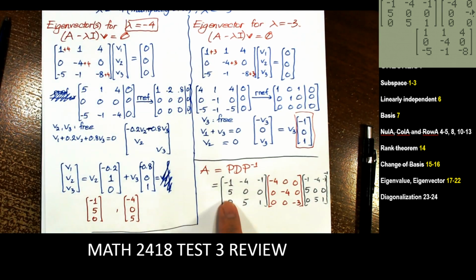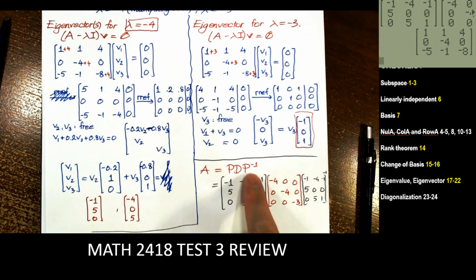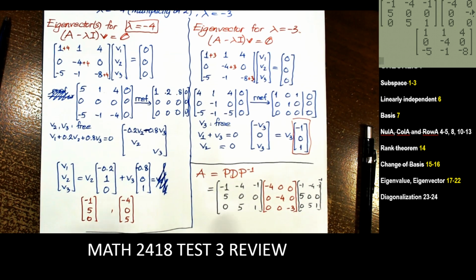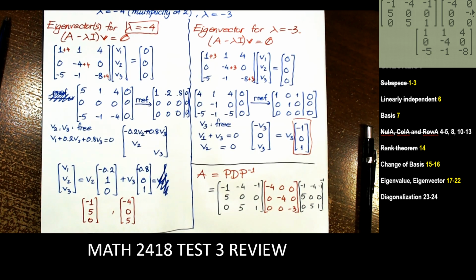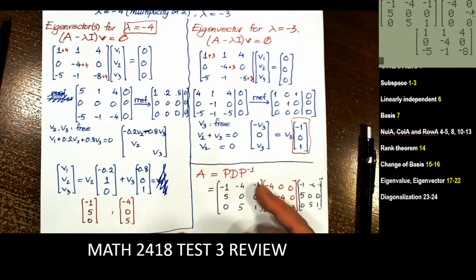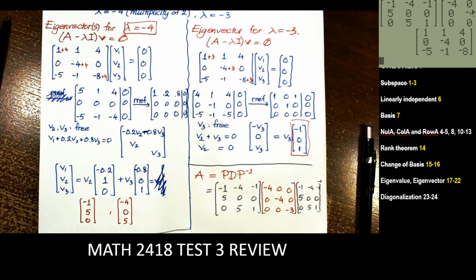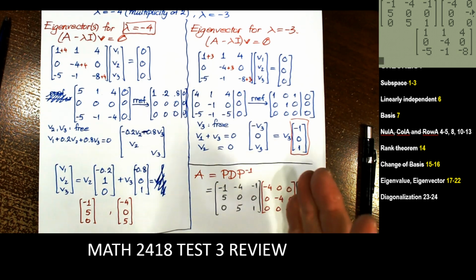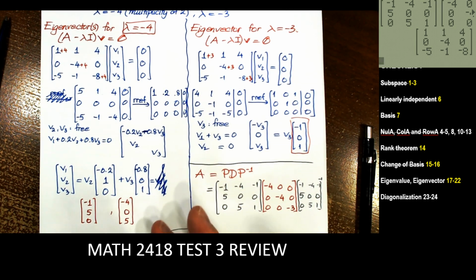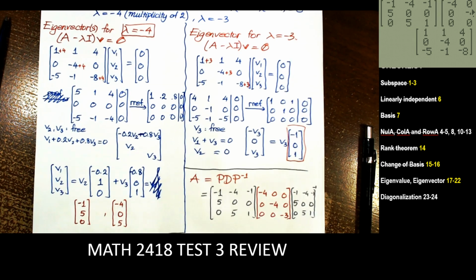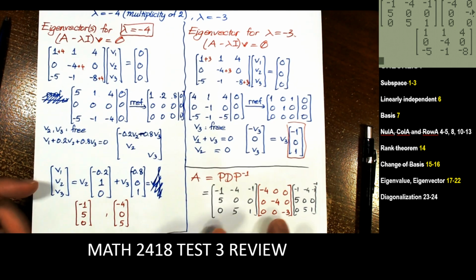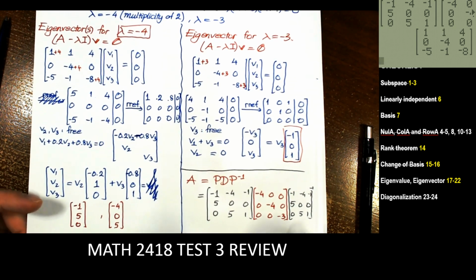So again, the matrix P will be the eigenvectors in the order the eigenvalues appear. The eigenvalues we put in the diagonal matrix, but they have to correspond. The first column is the first eigenvector corresponding to the first eigenvalue, so they have to correspond between P and D, and we can check the answer easily.